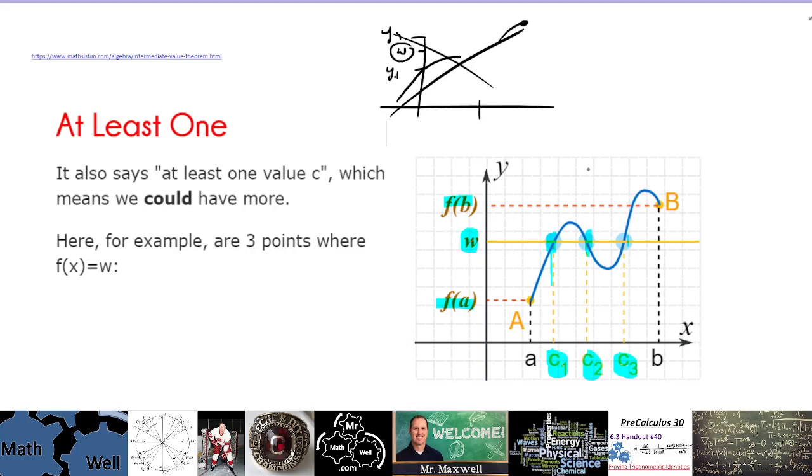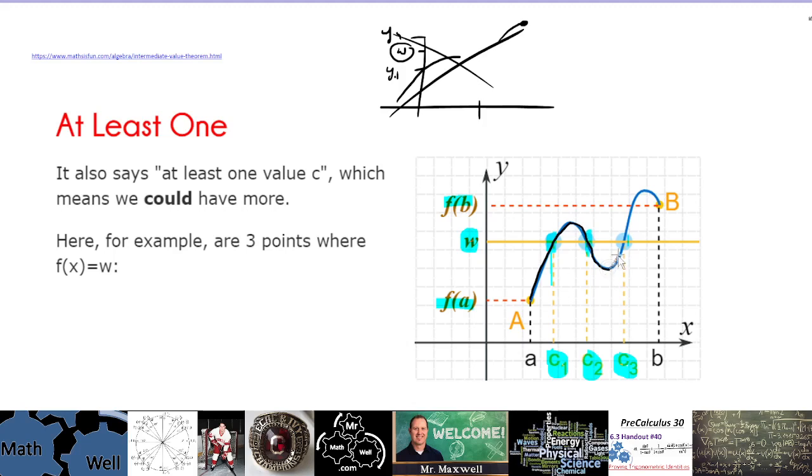Okay, so let's expand on this a bit. Let's say we have the walking home from school example. You walk home from school, and then you realize when you get to this point right here, you're almost home, but oh my goodness, it's wintertime and I dropped my glove in the snow somewhere, so I've got to go back and look for it, and oh, here it is. Okay, good.